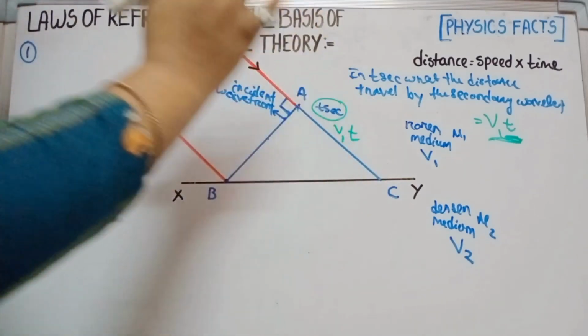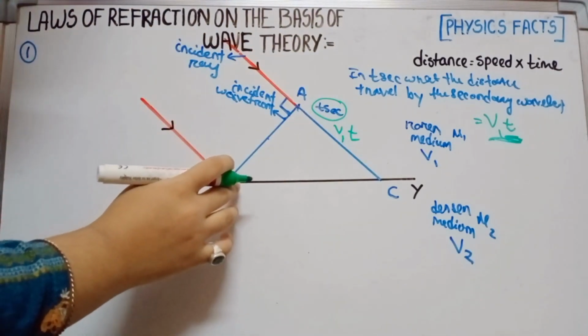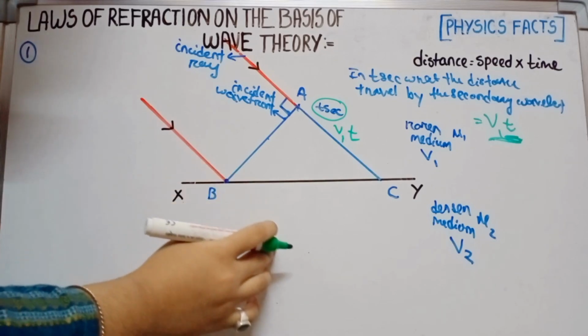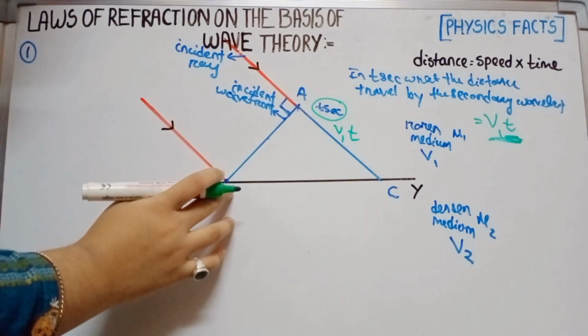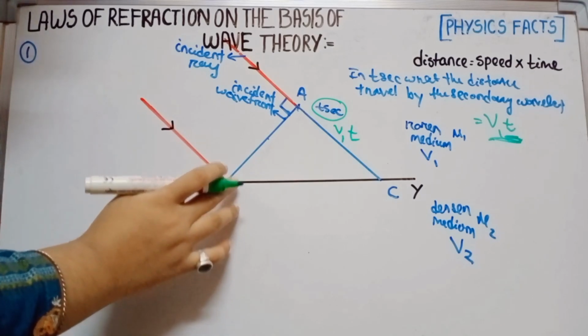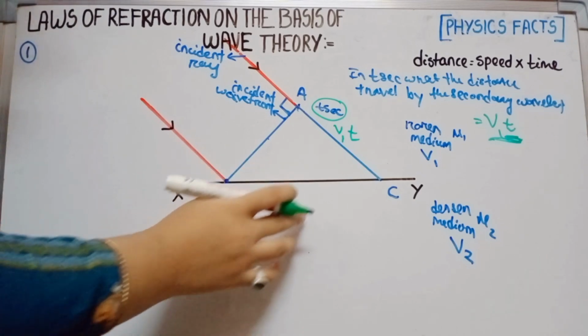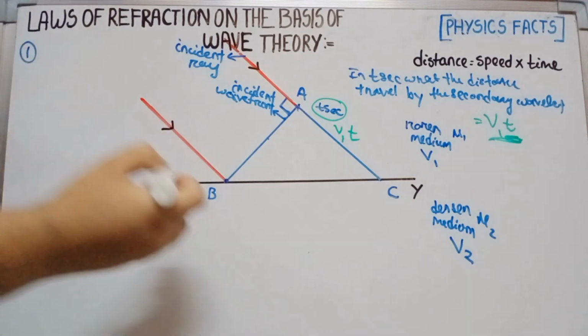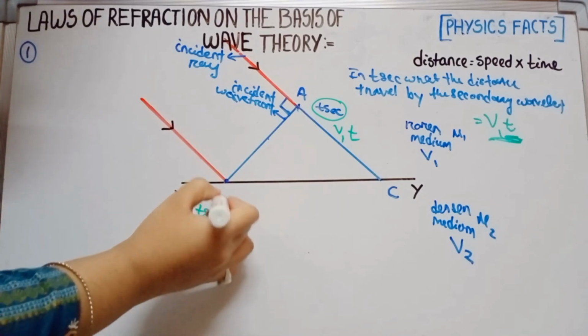At the same t seconds, the wavelet produced at point B propagates in the denser medium. What is the path covered by this wavelet in the denser medium?